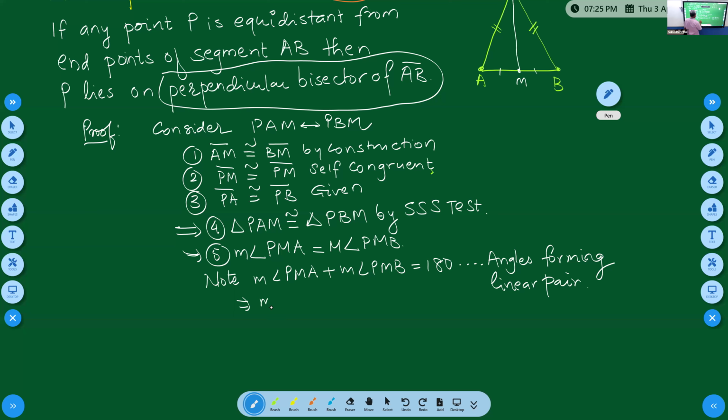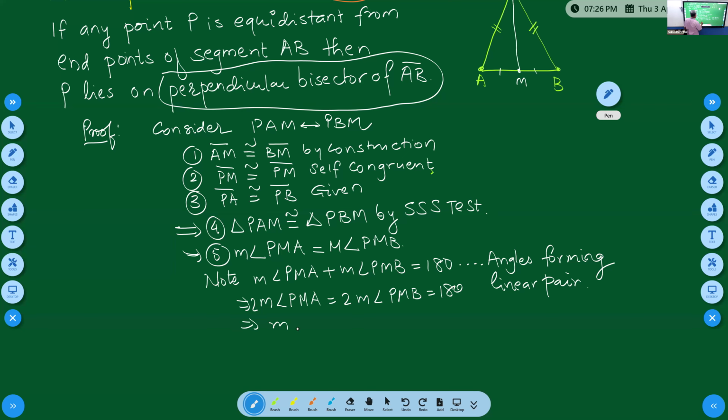Therefore, the measure of angle PMA is equal to PMB. So 2 times the measure of angle PMA is equal to 2 times the measure of angle PMB is equal to 180.